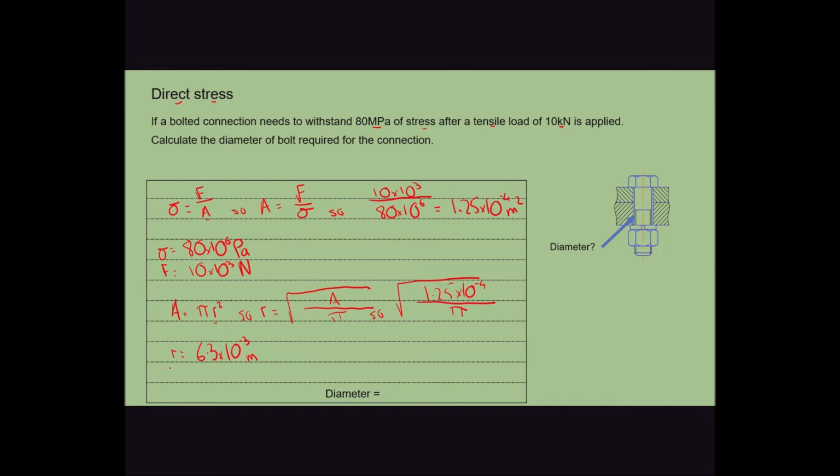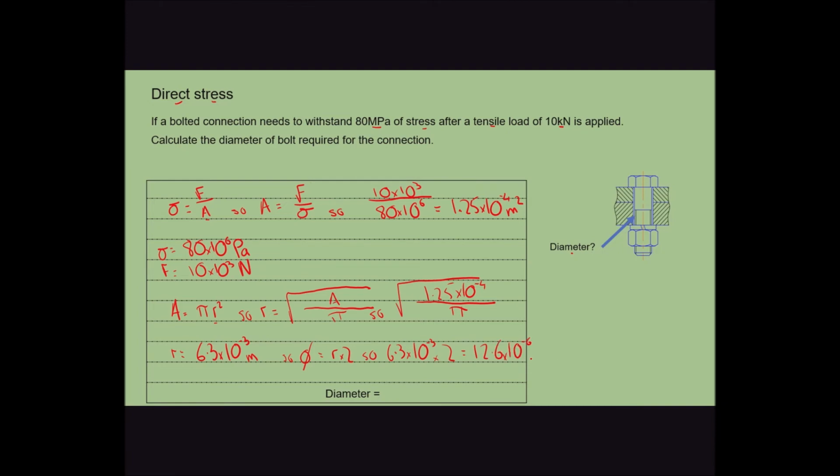Okay, so I know what the radius of this bolt is, and it's not a massive leap to work out what the diameter is. So the diameter, and we'll use our diameter symbol, diameter equals radius times 2, so the radius 6.3 times 10 to the minus 3 times 2 will give us a diameter of 12.6 times 10 to the minus 6.